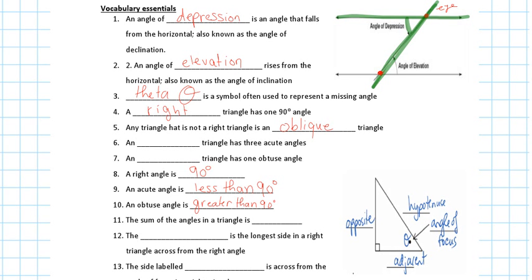Okay? Now, if I have a triangle that has 3 acute angles, we call it an acute triangle. And then if the triangle has 1 obtuse angle, we call it an obtuse triangle. Okay? You can only have 1 obtuse angle in a triangle.